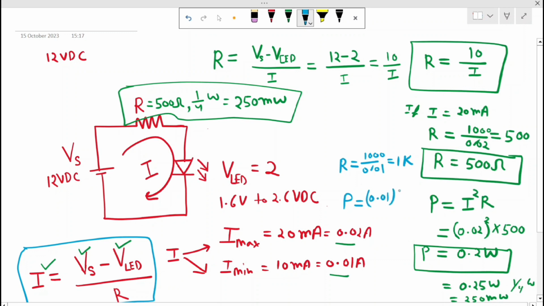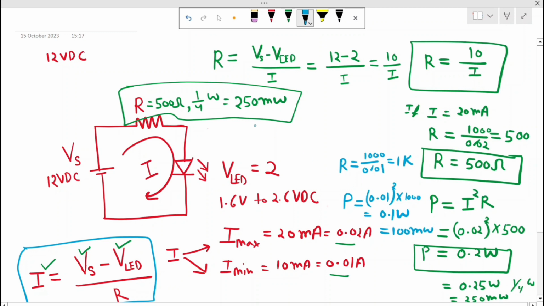0.01 squared into 1000 ohm, so we will get 0.1 watt, or we can say 100 milliwatt.